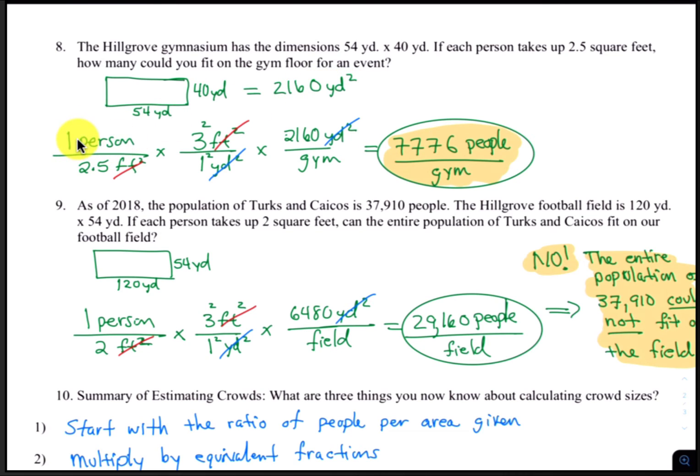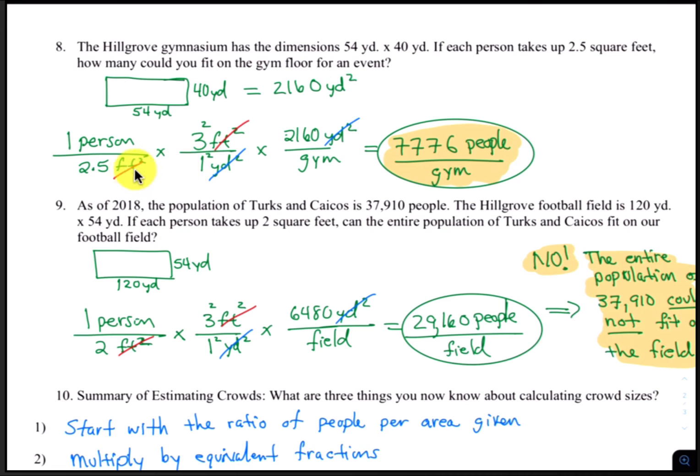Starting with the fact that we have one person that takes up 2.5 square feet, and we know that there are 3 feet that make up 1 yard, but because we have to have square feet, we square the 3 and we square the 1. And the feet become squared and the yards become squared. And then we know that there are 2,160 square yards in the entire gym.